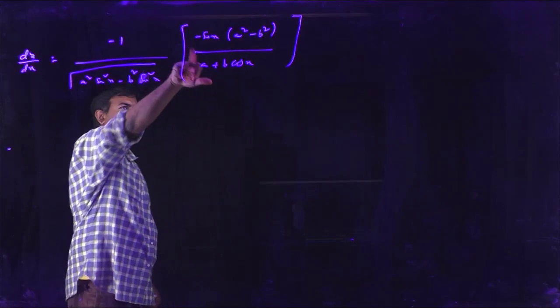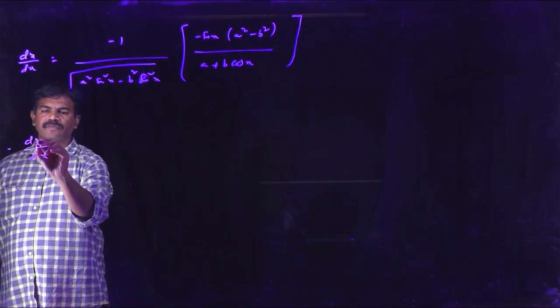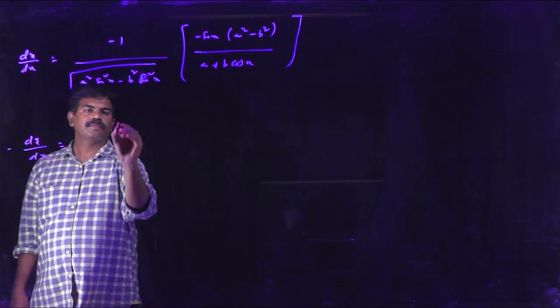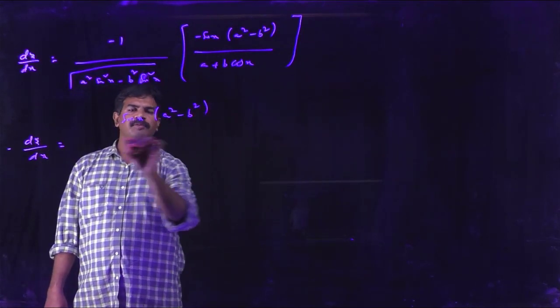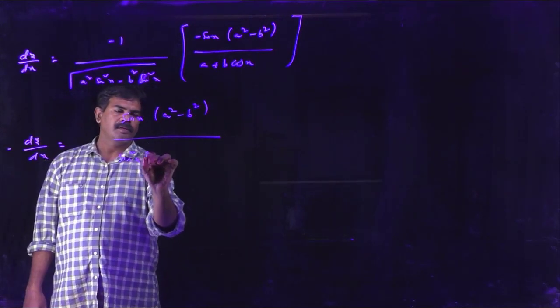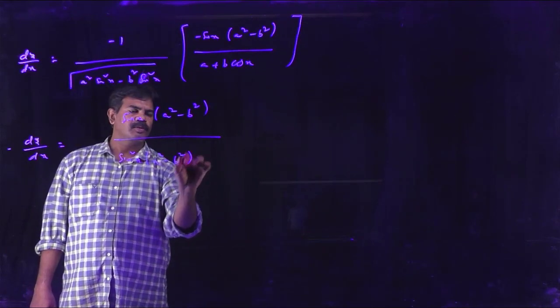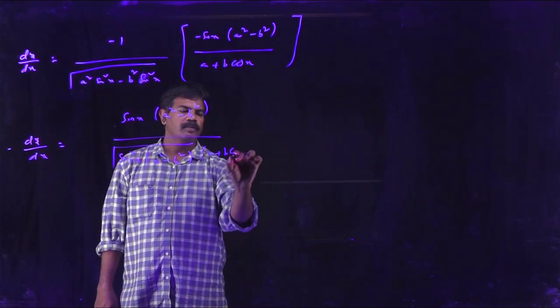Minus into minus is plus, that is dy by dx is equal to sin x into (a square minus b square) by sin square x is common, into root of (a square minus b square), into (a plus b into cos x).